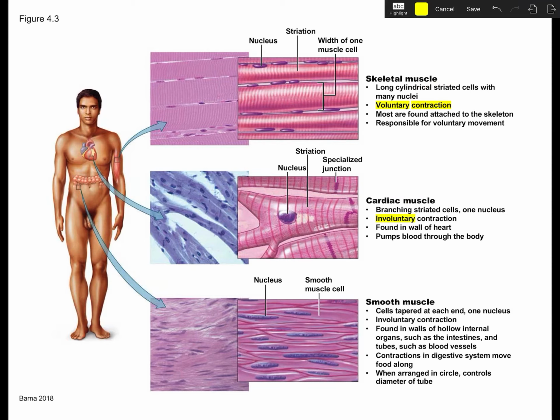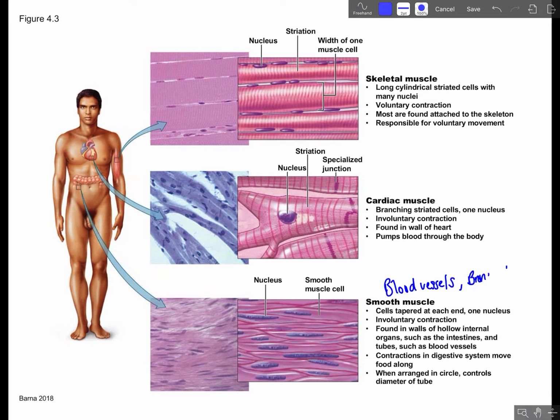Cardiac muscle is going to be found in the wall of your heart, and its job is to allow the heart to push blood out, so it's a heart pump. Smooth muscle is going to be lining the walls of hollow organs. So this is going to include blood vessels. Your blood vessels have the ability to get smaller or get bigger. That's called vasoconstriction or vasodilation.